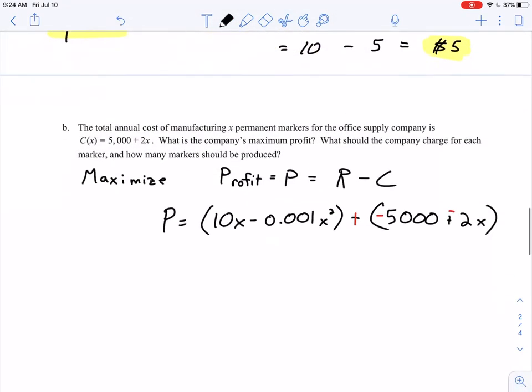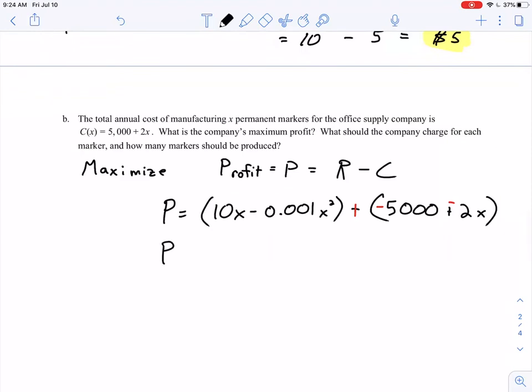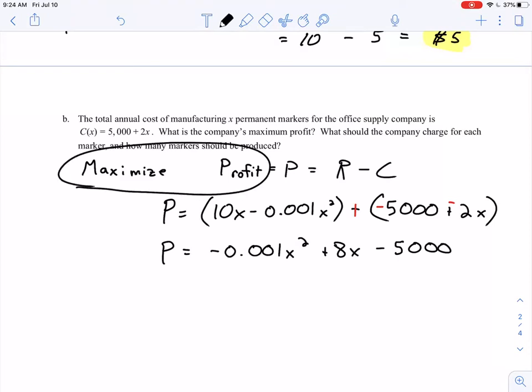We can simplify our profit function here. P is equal to negative 0.001x squared, 10 plus negative 2, I've got plus 8x, plus negative 5,000. So here's my profit function. All right, so we have our profit function. That's good. What are we trying to do? We're trying to maximize profit.